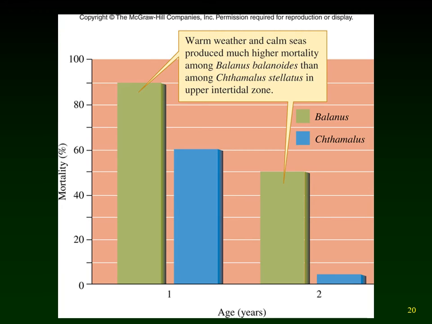They found that warm weather and calm seas caused a lot more mortality among the Balanus balanoides than the Chthamalus in the upper intertidal zone, which means that where it tends to dry out more, the Balanus was not doing as well in competition with the Chthamalus. It was dying off, whereas the Chthamalus had a much lower mortality rate. By the time they get big enough, 2 years old, the Chthamalus had almost no mortality in that upper intertidal zone. So it was able to withstand the drying out and still be competitively active.